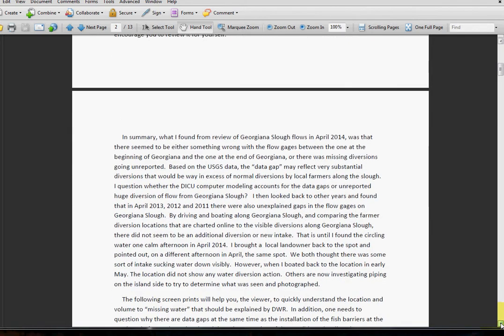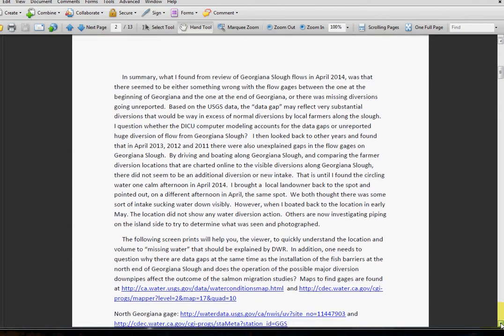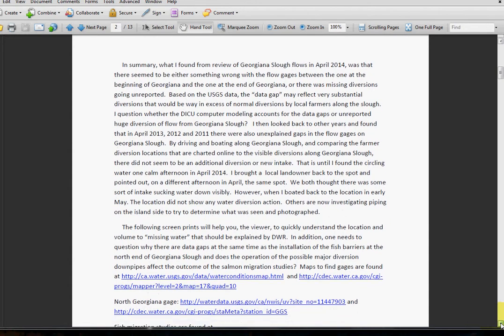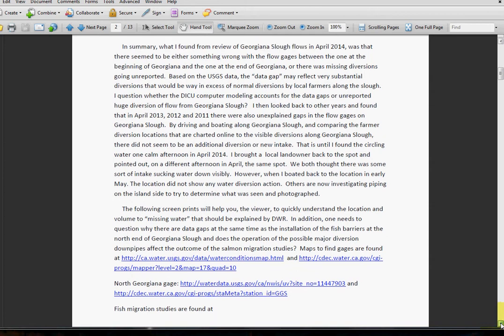What I found was that there's unexplained, pretty substantial diversions from Georgiana Slough in April of each of 2014, 2013, and 2012, and I'm going to show you how it appears that there are these unexplained data gaps that appear to be a pretty substantial diversion.